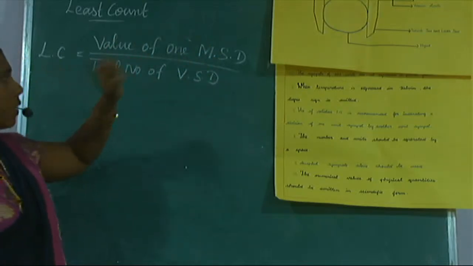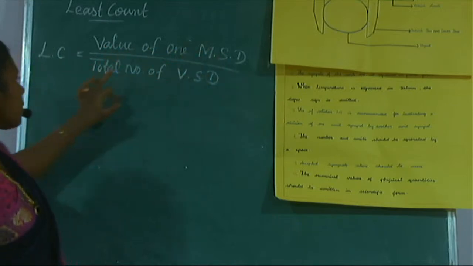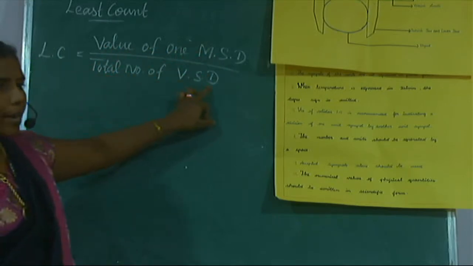That is, the value of one smallest main scale division, 1 millimeter, divided by the total number of vernier scale divisions.